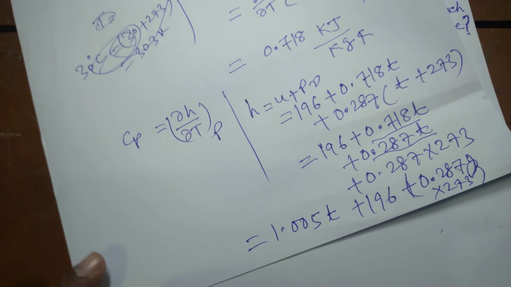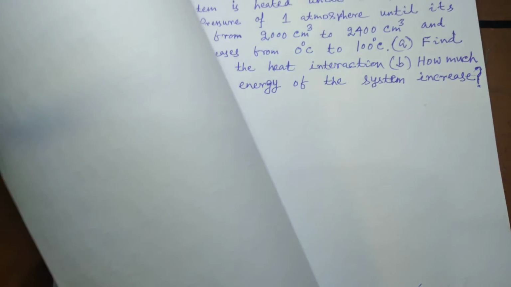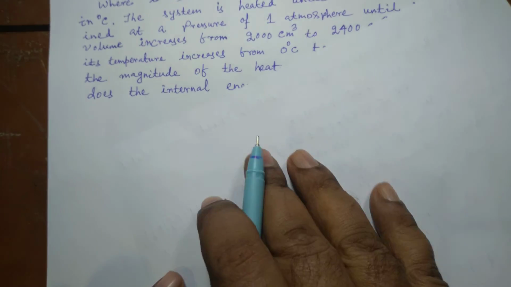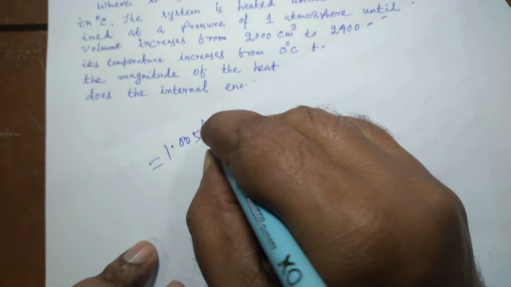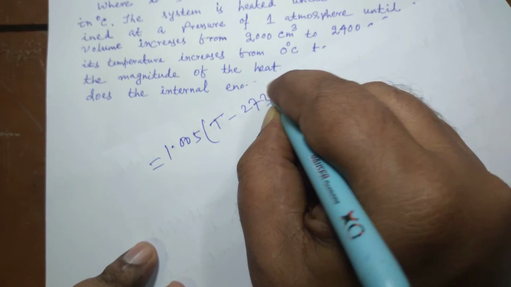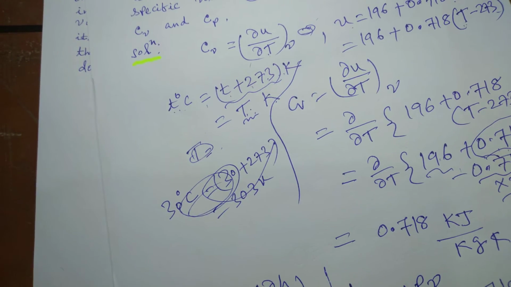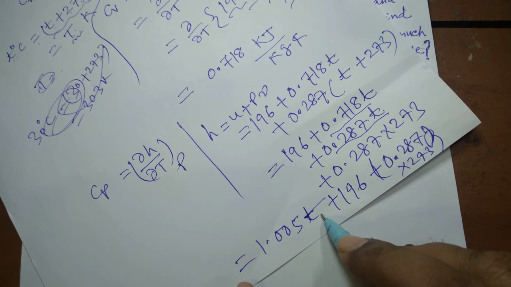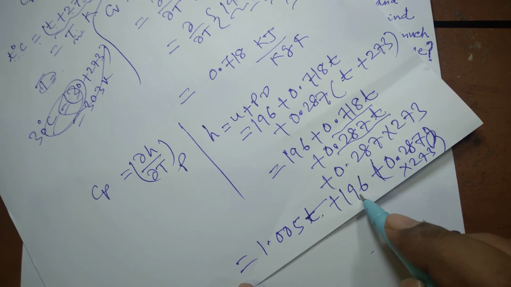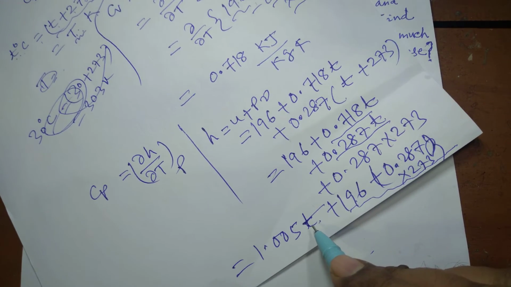So in place of small t, I can write 1.005 t minus 273. In place of small t I can write capital T minus 273. And you see the rest of the terms do not involve any t term.